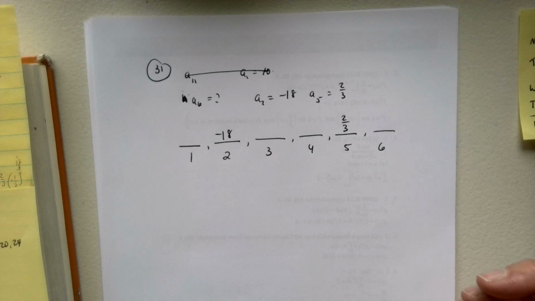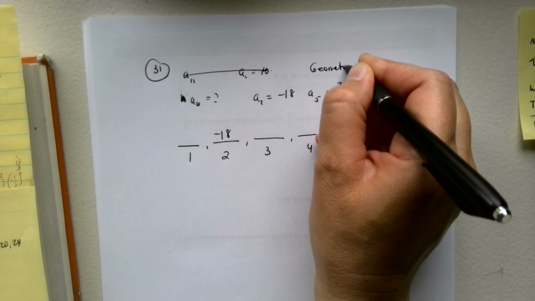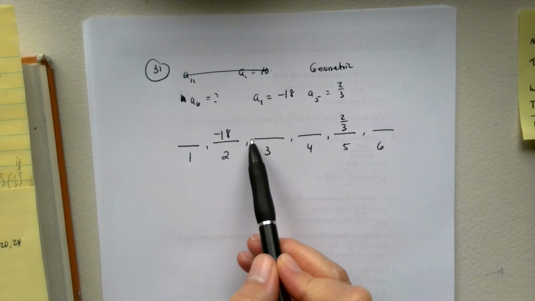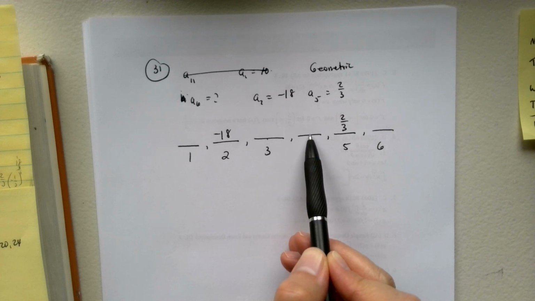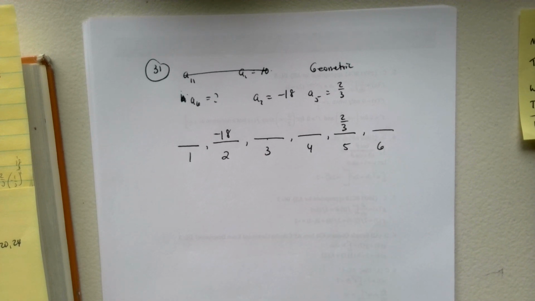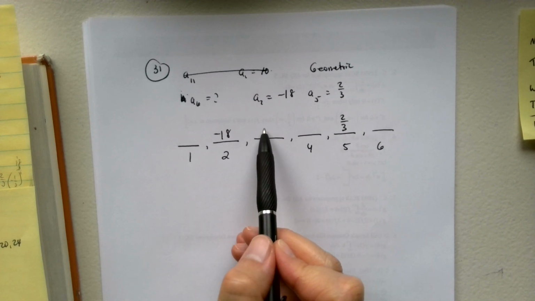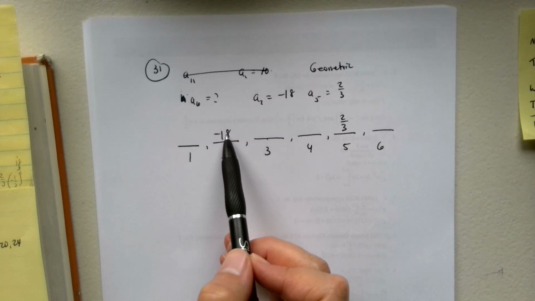Now, this is geometric. They told us that in the directions. So something was multiplied by negative 18 to get this number, and then the same ratio was multiplied to get the fourth, and then this number was multiplied by that same ratio and came up with 2/3. Now, normally to find the ratio, we take the term behind it and divide it by this one.